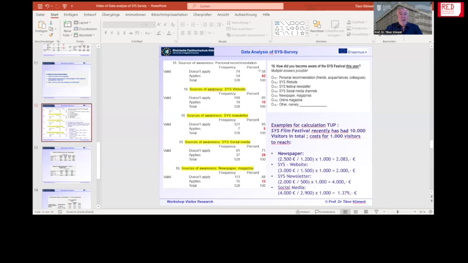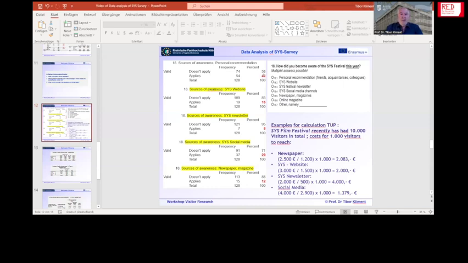And if we look at the answers here, we can see that personal recommendation, 42% of the audience had this as a source of awareness for the festival. 42% is a very large value, and this is also a very usual value because for any social activity you can think of, personal recommendation, personal tips from friends, colleagues, from the family are always most important.